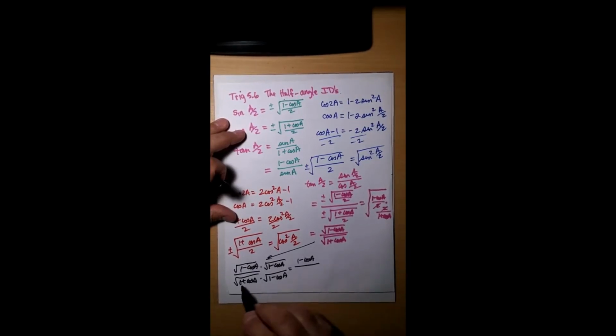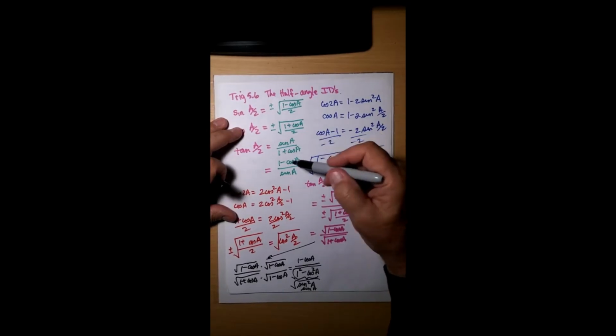This gives you the sum and the difference, and you get the squares of each: 1 squared minus cosine squared. But hold it, 1 minus cosine squared is the same as sine squared A. But hold it, this was a square root, so that denominator just becomes the sine of A.